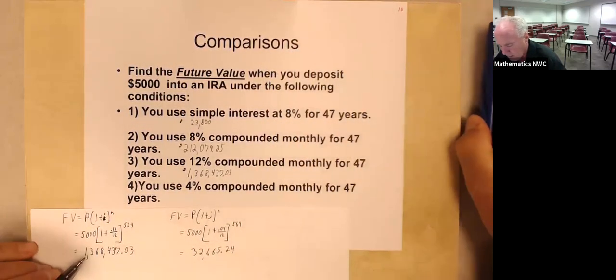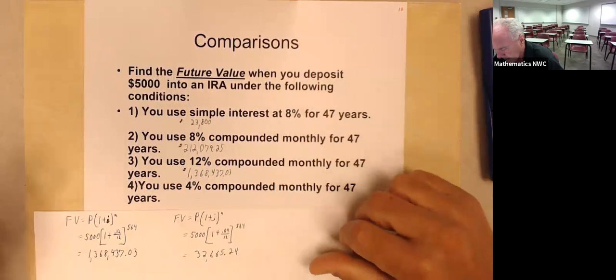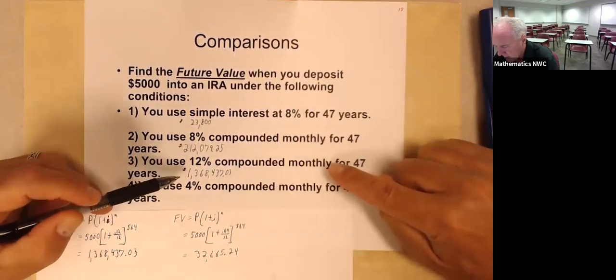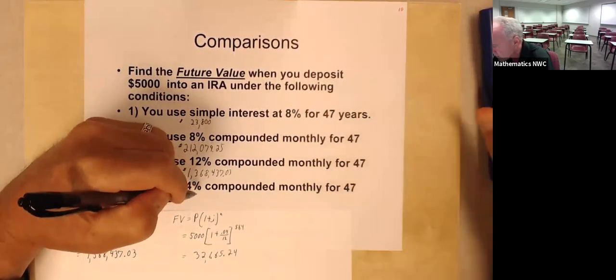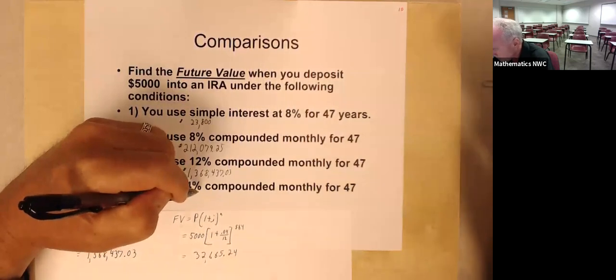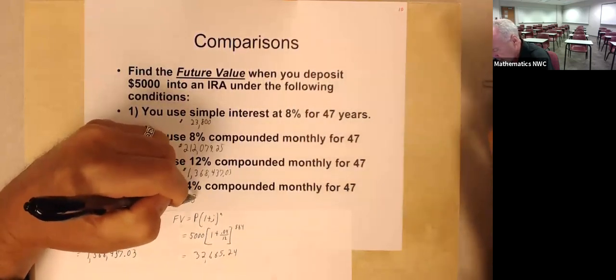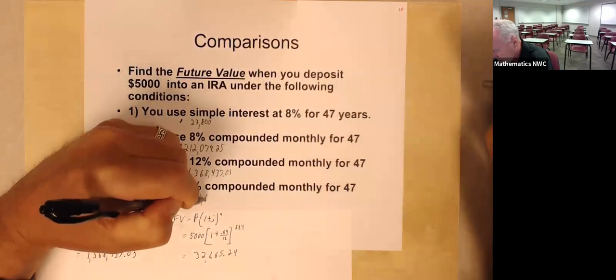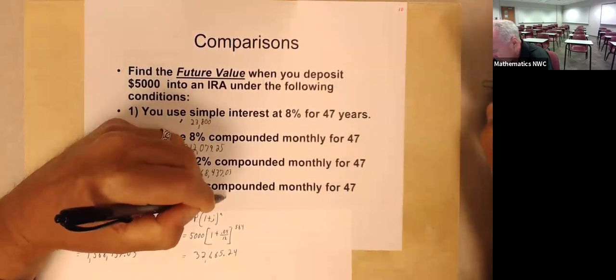Compare that to 1,368,000. The only thing that changed here was the interest rate. Make sure I copied that down correctly: 32,665.24.